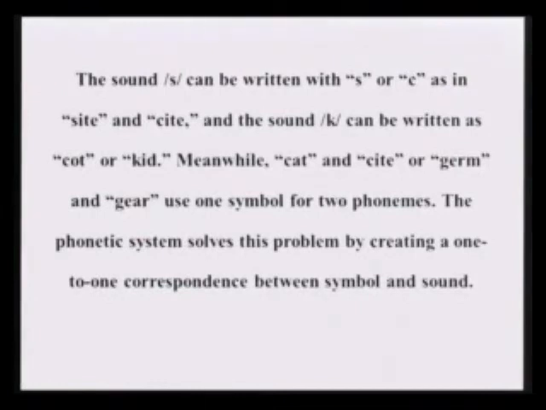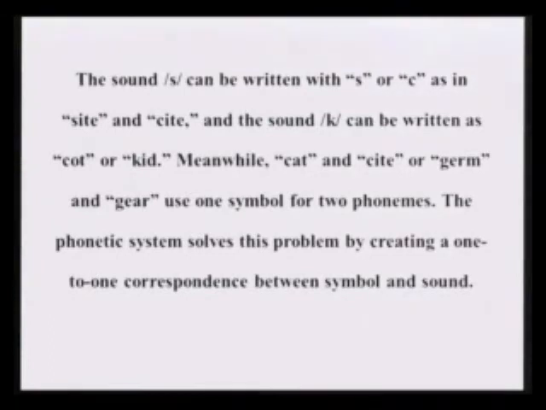Meanwhile, cat and sight or germ and gear شوف بقى cat فيها سي وسايت فيها سي، انما واحدة بتتنطق ك والتانية بتتنطق س. طيب germ بتتكتب بالجي وجية بتتكتب بالجي، لكن دي بتتنطق ج ودي بتتنطق ج. They use one symbol for two phonemes. يبقى الفونيم احنا بنسويه بايه؟ بساوند.